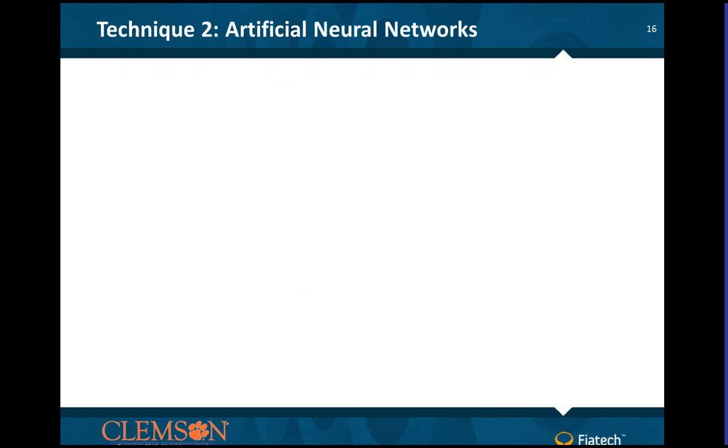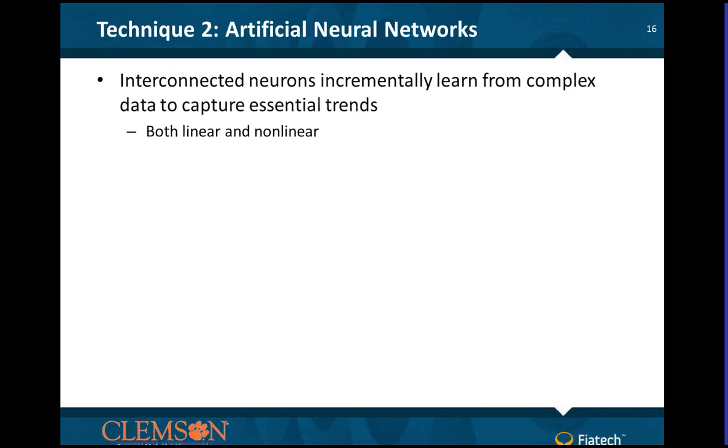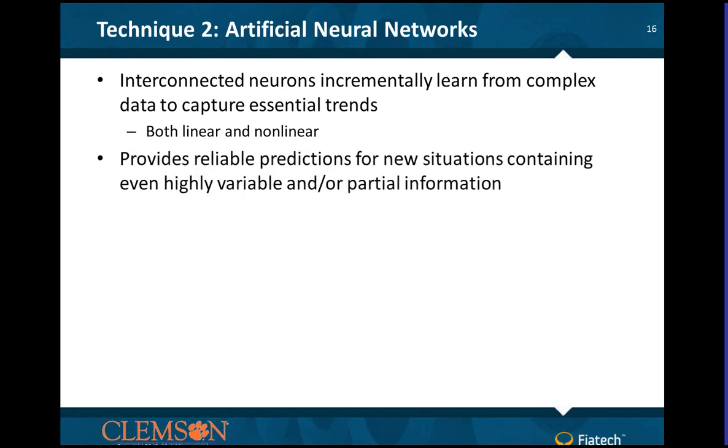The second technique that we're looking at is artificial neural networks. The idea of artificial neural networks comes from how the brain works, and I'm not a brain surgeon, so I will try to make this as painless as possible. But the idea here is that we learn from experiences and things that we observe.